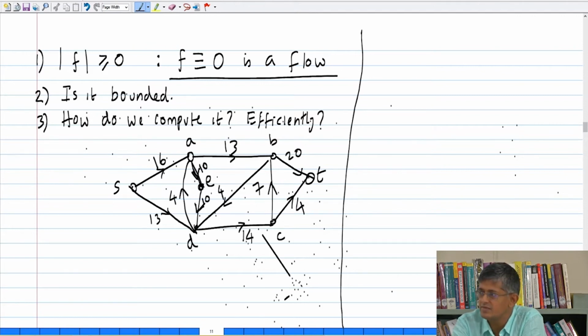So can somebody give me values for f? It's quite an easy exercise just to give me a flow. You just have to ensure that the value doesn't violate the capacity, it is positive, and that it satisfies the conservation conditions.